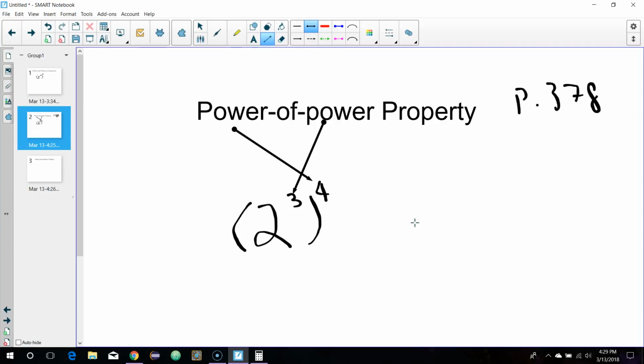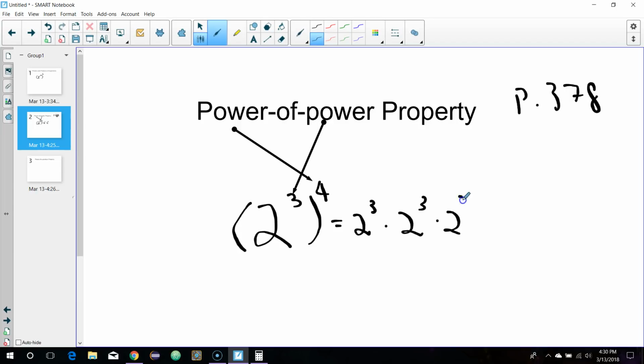This property is really not difficult. I can show you what it means. We are saying that there are 4 copies of this, and we are going to do the long way. So there are 4 copies of 2 to the power 3. That's the first copy, the second copy, the third, and then the 4th. Altogether we have 4 different copies of 2 to the power 3.